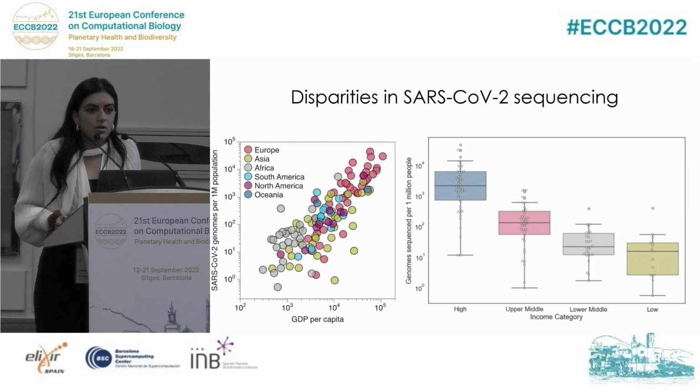As the income category increased from low all the way to high, the more genomes were sequenced per 1 million people. This leads to disparity, which can create blind spots in genomic surveillance, and as a result, can lead to key missing information for epidemiologists reporting the spread of new variants.